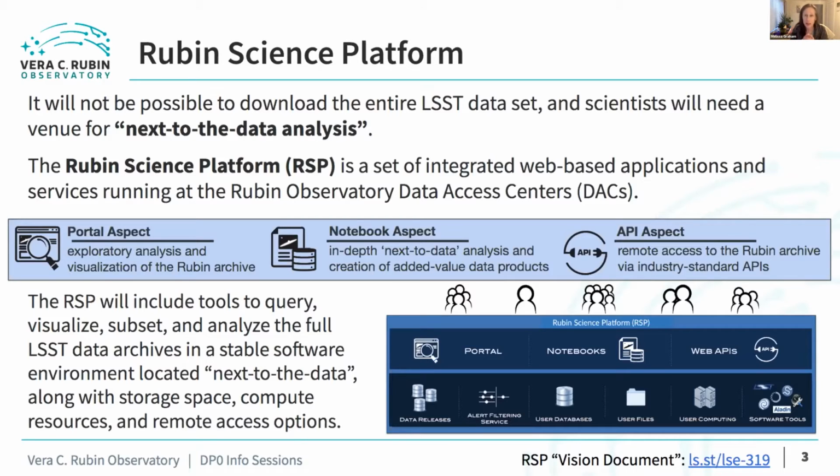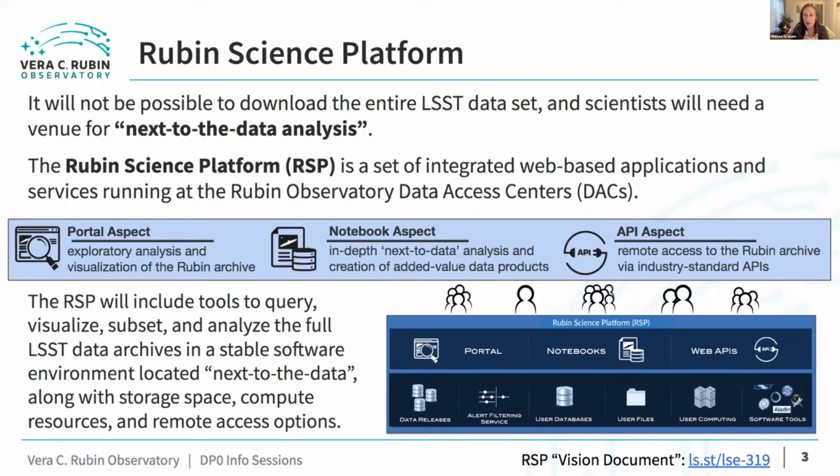There's the portal aspect for exploratory analysis and visualization, where you can query catalogs in an interface that's set up for that. It has the notebook aspect, which is basically a JupyterHub where you can write notebooks and do your data analysis next to the data. And then it has the API aspect for remote access and remote query, which will probably be the aspect that's most useful to brokers.